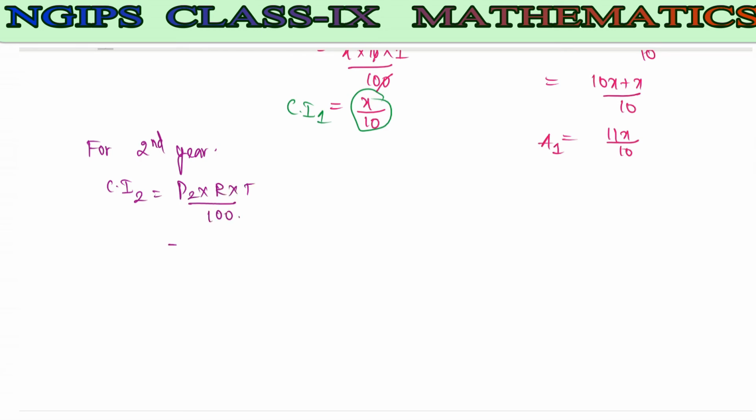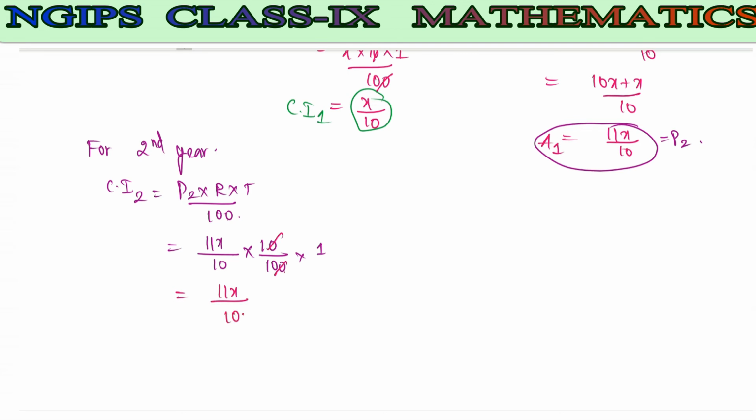The first year amount we need to carry as the second year principal, so I write 11x divided by 10 into rate, which is 10%, so 10 divided by 100, for 1 year. Here the 0s get cancelled, and what is left is 11x divided by 10 into 10, which is 100. So this is the second year compound interest.